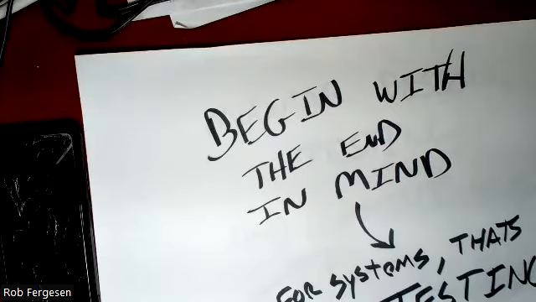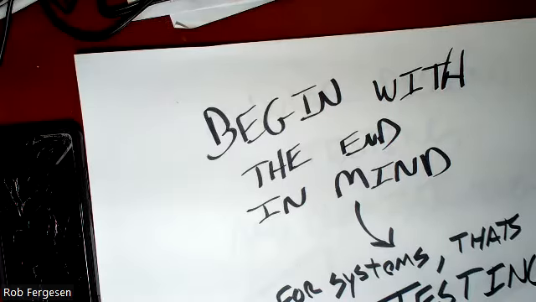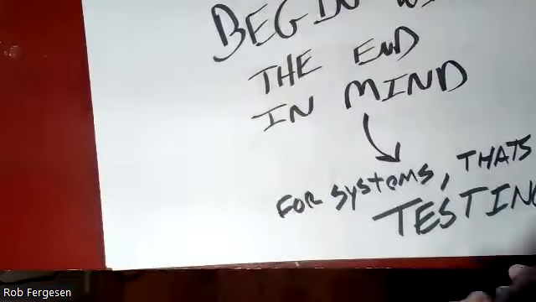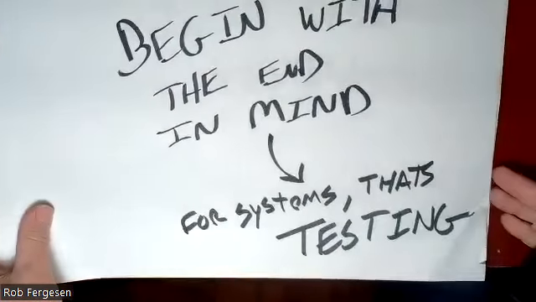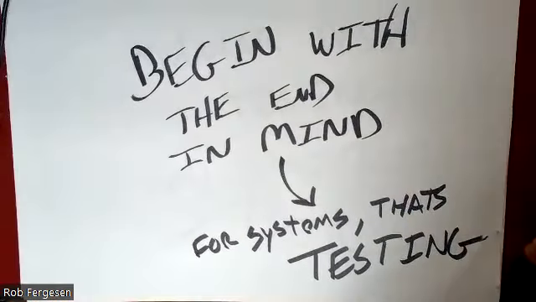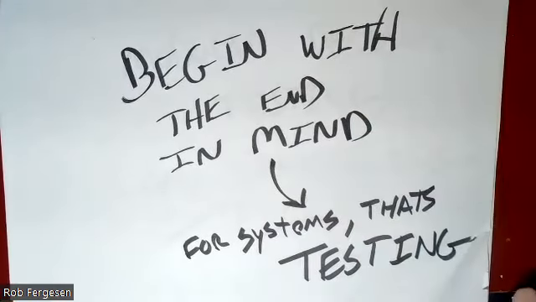So let's begin by switching to my Sharpie cam. All right, so we're going to talk about this here, and we're going to say, let's adjust this. Begin with the end in mind. Always begin with the end in mind.